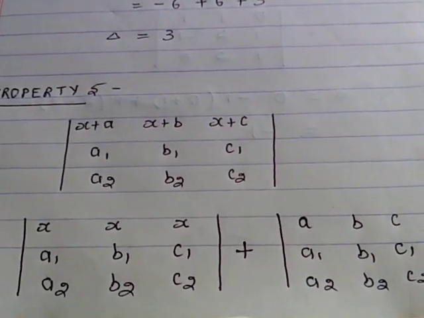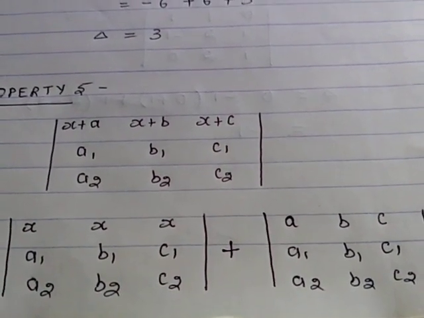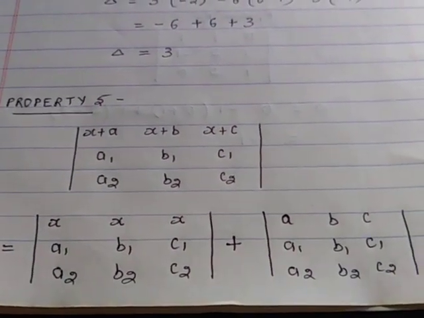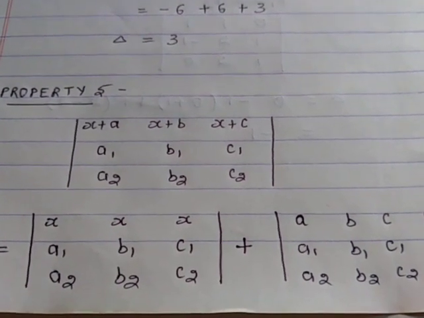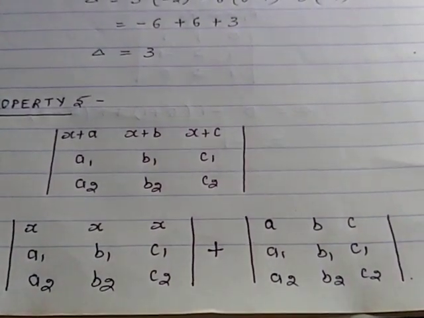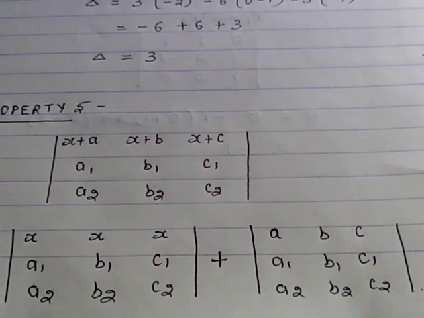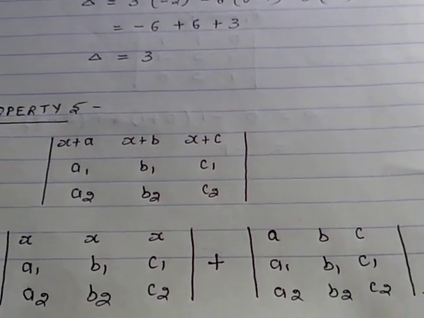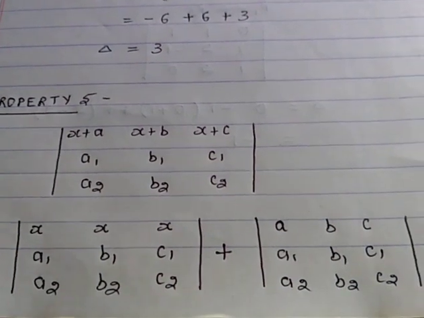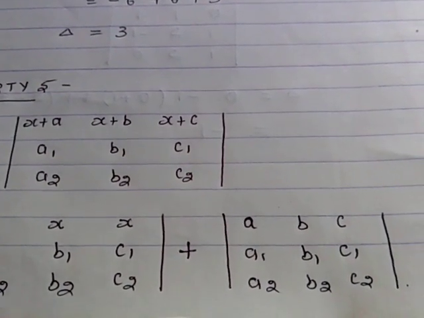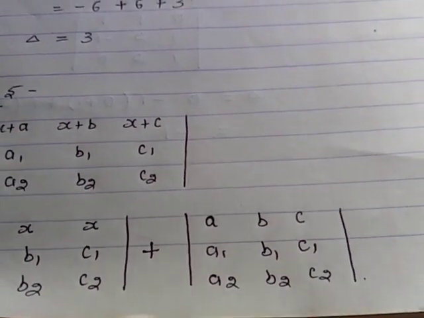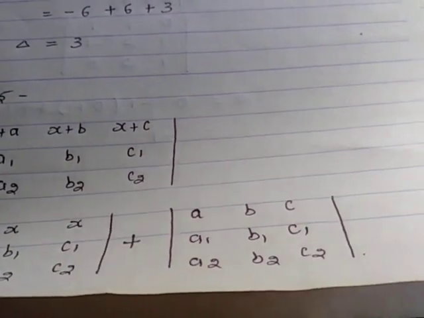So these are the 5 main properties to solve exercise 4.2 of the NCERT textbook. Now with the help of these properties, I am going to explain the first question of exercise 4.2.